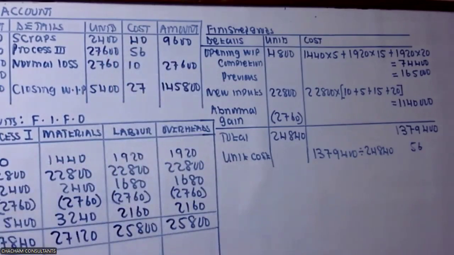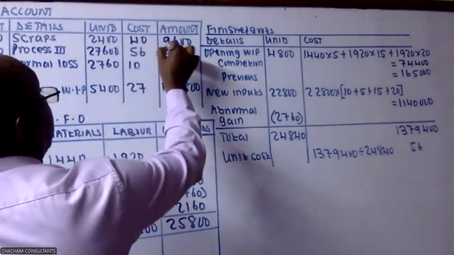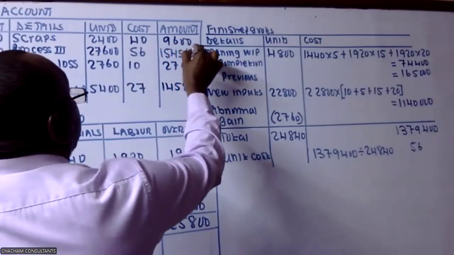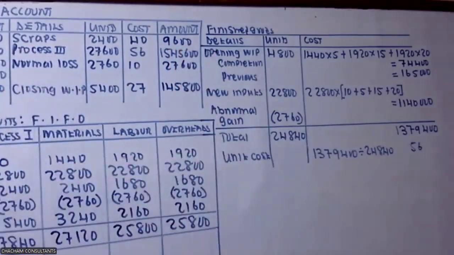You bring it there for process 3. So 56 times 27,600 is 1,545,600. Then you still need to bring it here for abnormal gain.